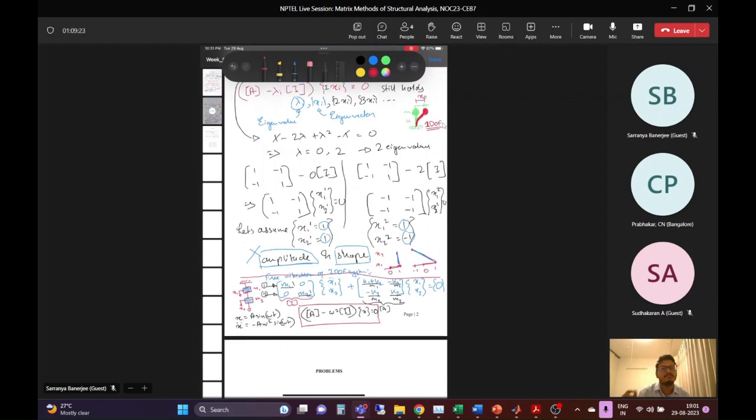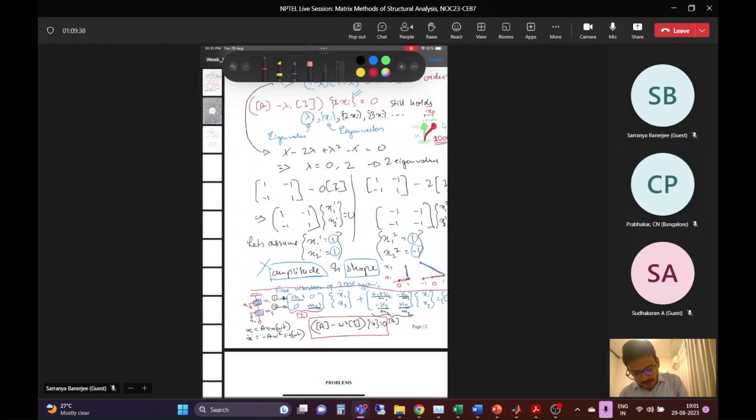We find the natural frequencies through this process. Coming back, there will be pairs of eigenvalues and eigenvectors, so there will be different frequencies.